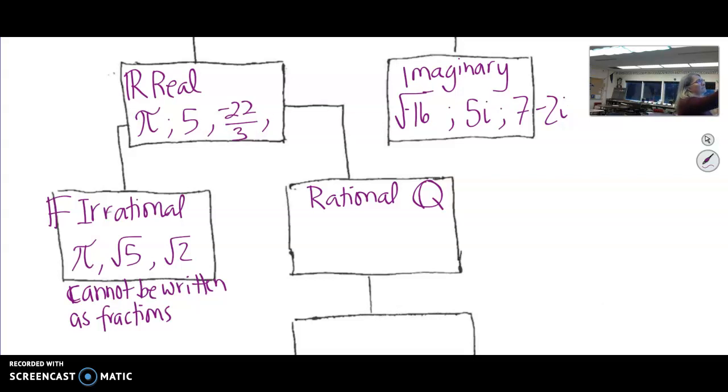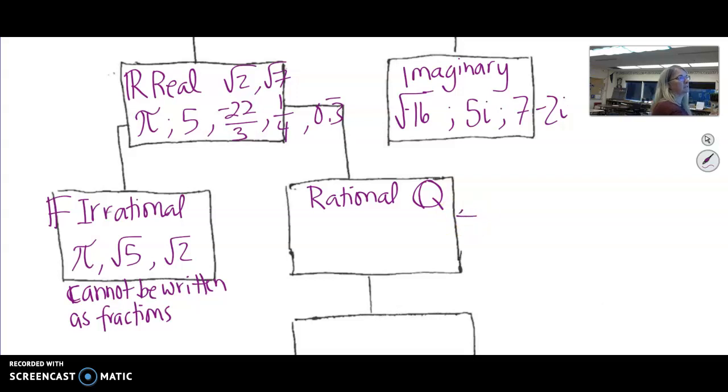You can have a simple fraction like 1/4. You could have 0.3 repeating, which can be written as a fraction as 1/3. But again, I'm going to put a couple more of these irrational numbers in there just so you realize that real encompasses both the rational and irrational. All right, so let's go down to rational numbers.